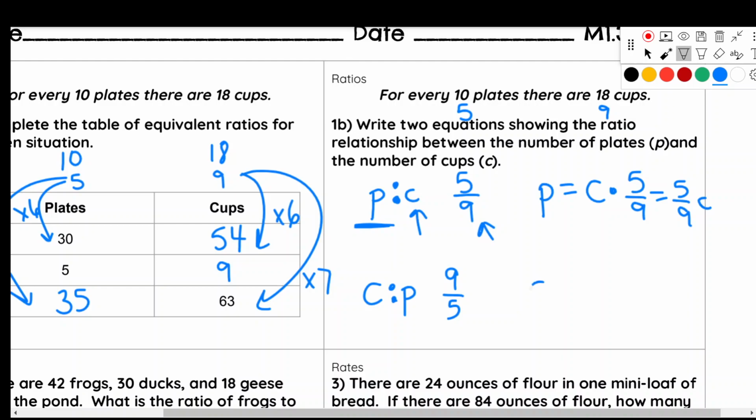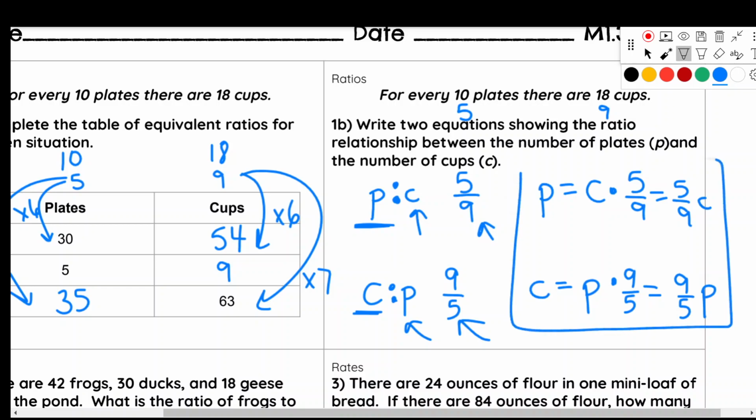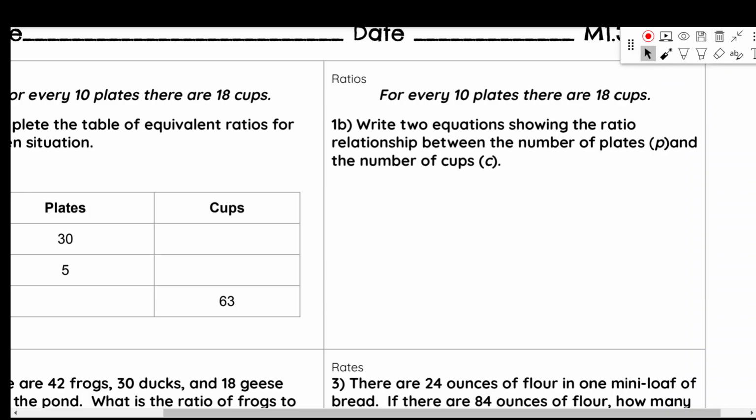I have the cups, again the first part of the ratio, is equal to the second part of the ratio, the plates, multiplied by this value, 9/5, which I could write as 9/5 of the plates. So there are two equations showing the relationship between the cups and the plates.